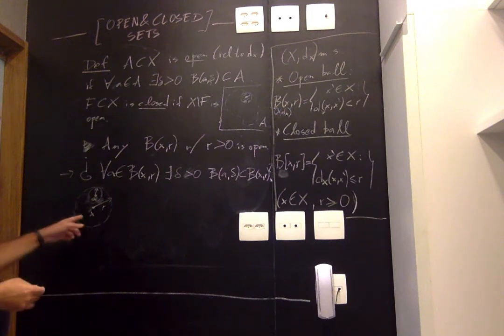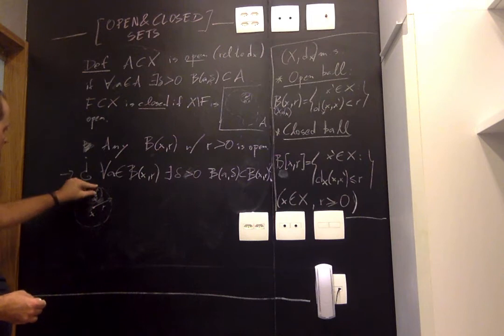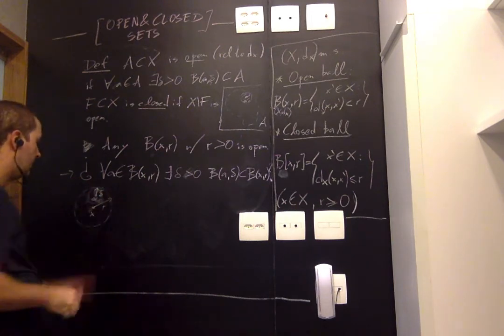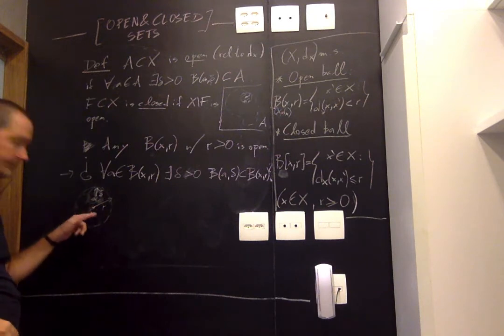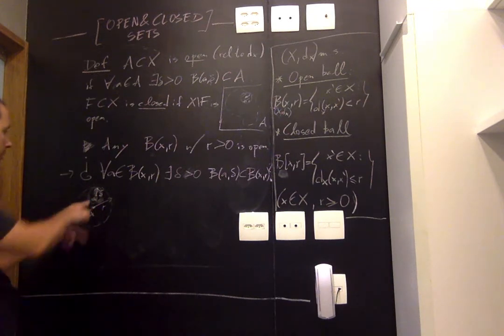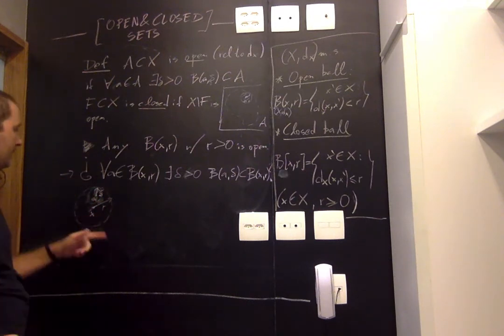And it's sort of clear what that should be, right? You want this distance plus delta not to be larger than r. So the distance between x and a plus delta should not be larger than r. Otherwise, this ball will sort of stick out of the ball around x, right?